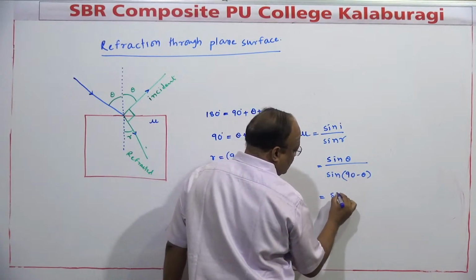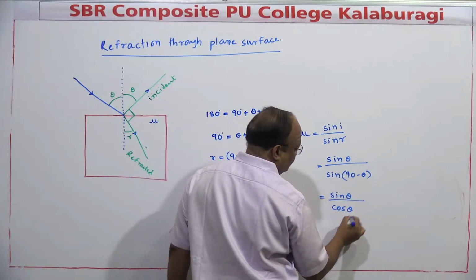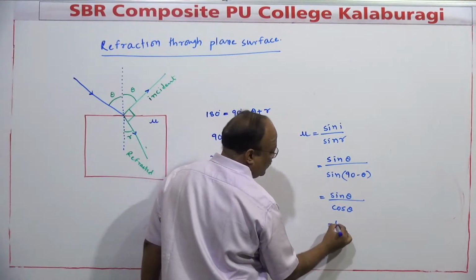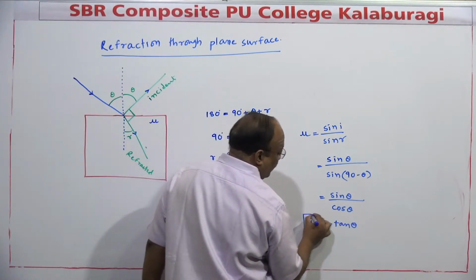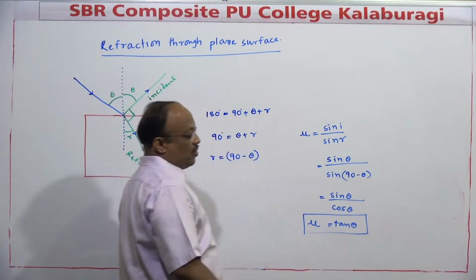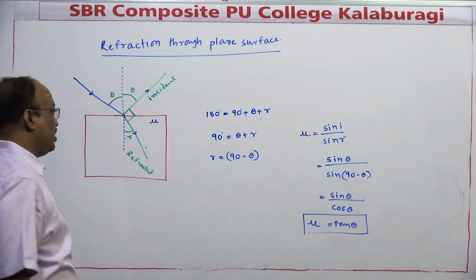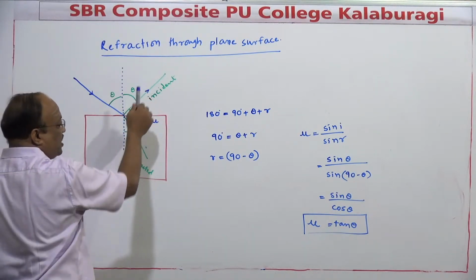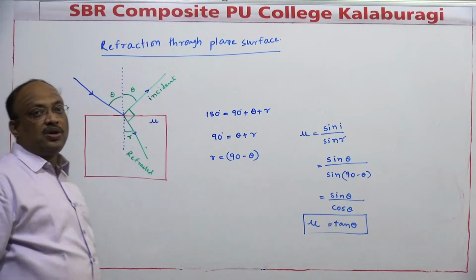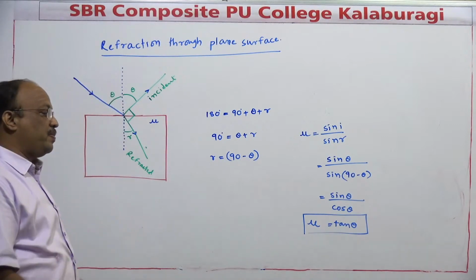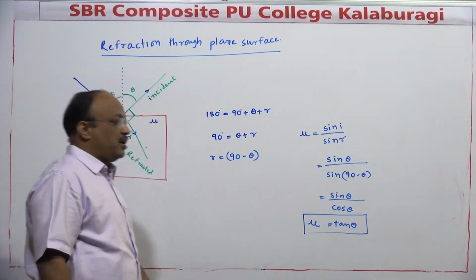So this is sin theta divided by cos theta, which is tan theta. Refractive index is equal to tan theta when the condition is that the incident ray and refracted ray are perpendicular to one another. If they are perpendicular to one another, refractive index is equal to tan theta.